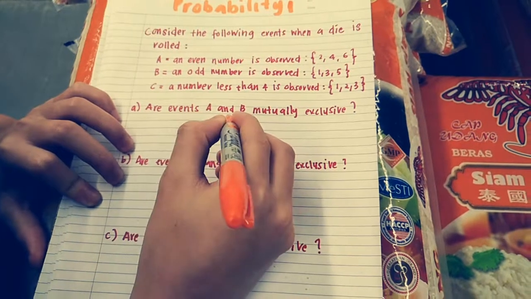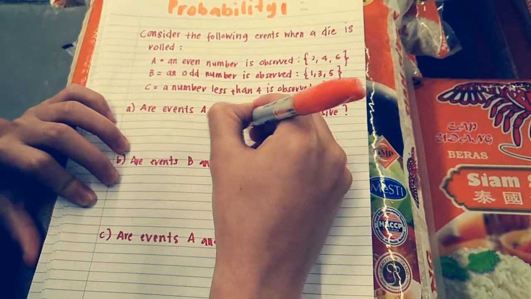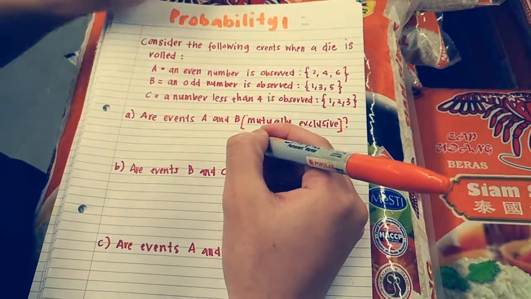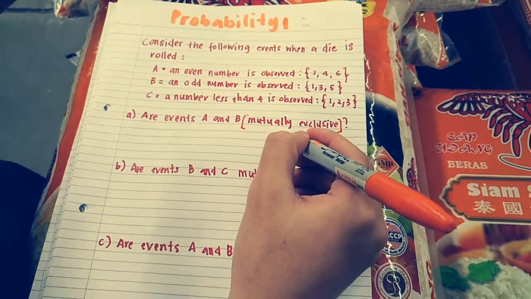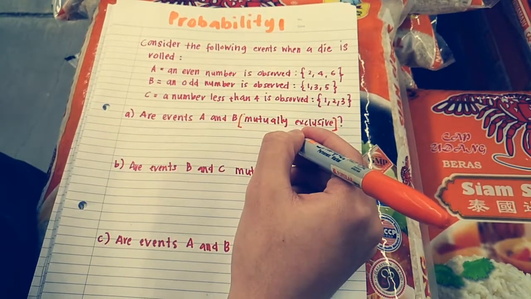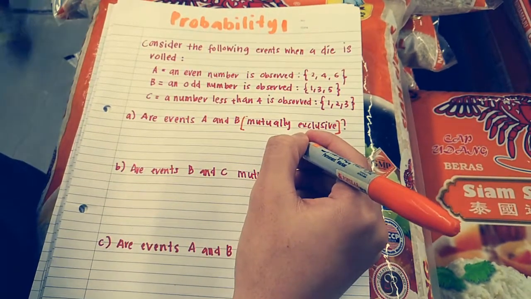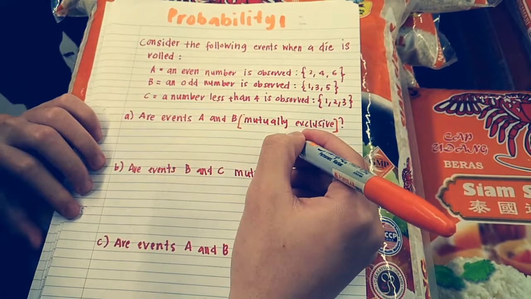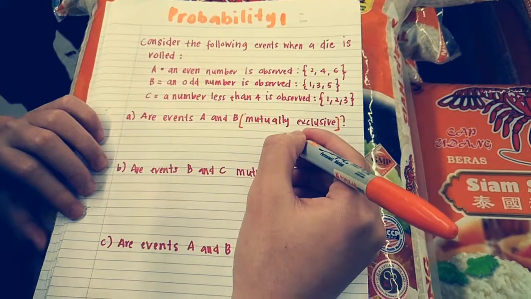Are events A and B mutually exclusive? Do you know what mutually exclusive is about? Two events are said to be mutually exclusive if the occurrence of one excludes the possibility of the occurrence of the other in a single observation.